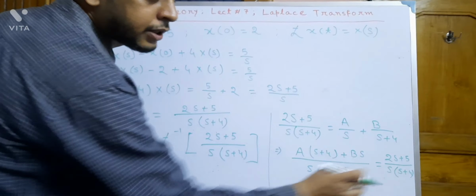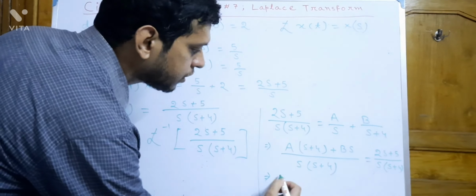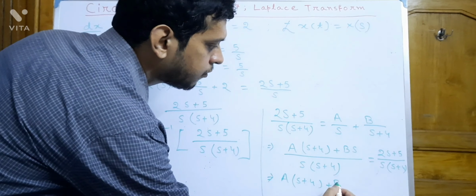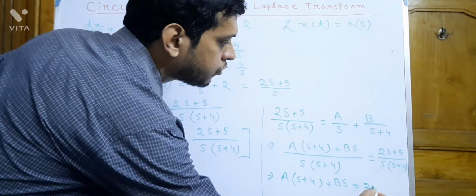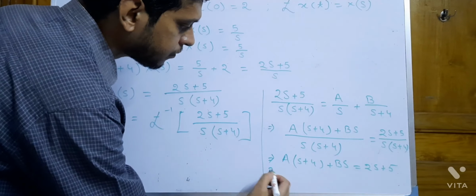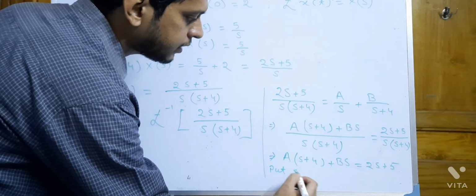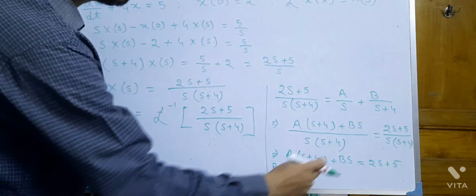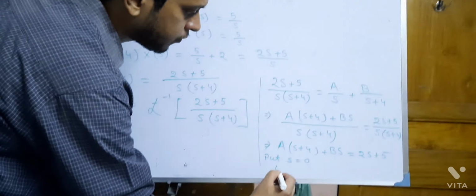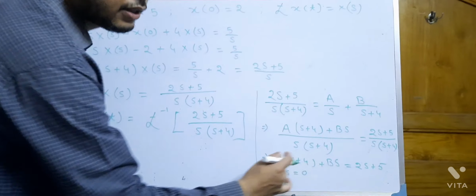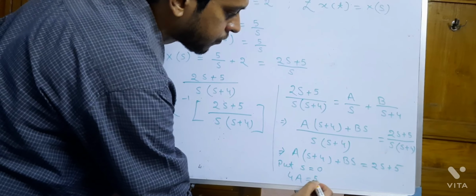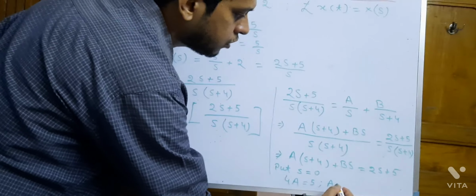So A(s plus 4) plus Bs equals 2s plus 5. Now put s equal to 0. If s equals 0, this term will vanish, so we will get 4A. On the right hand side we will get 4A equal to 5. So A equals 5 by 4.